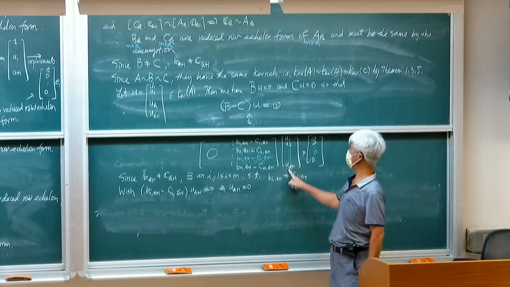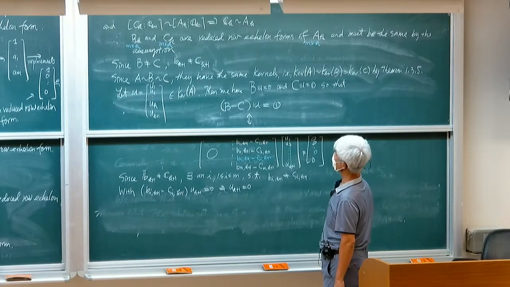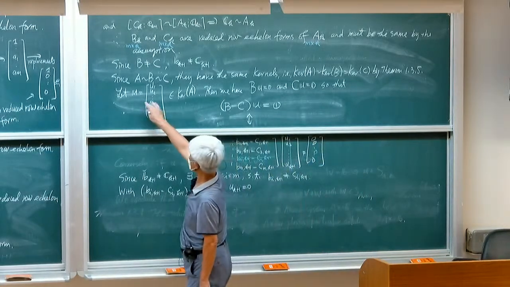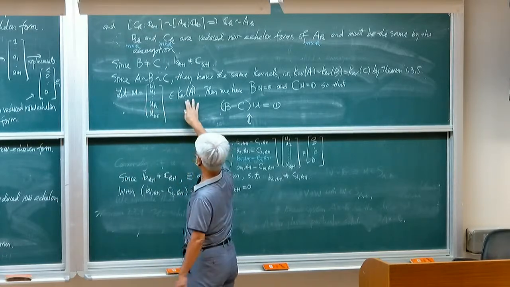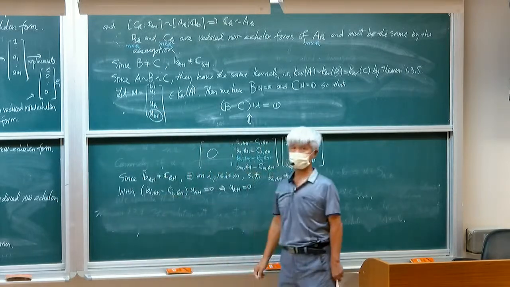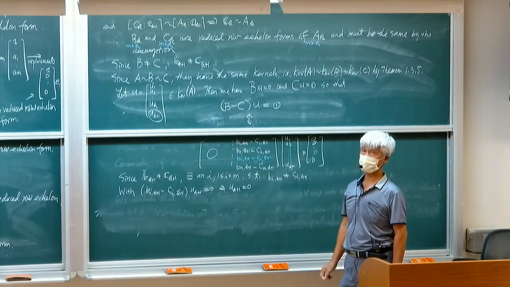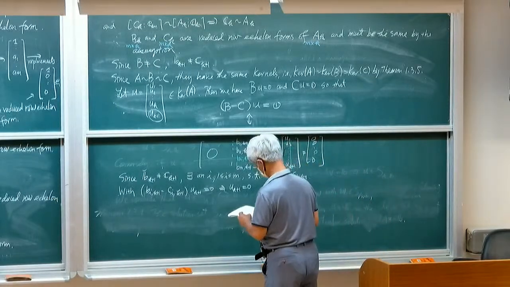Must be 0 here. So whenever you have a solution, a vector in the kernel of A, the last component should be 0. Okay, should be 0 here.